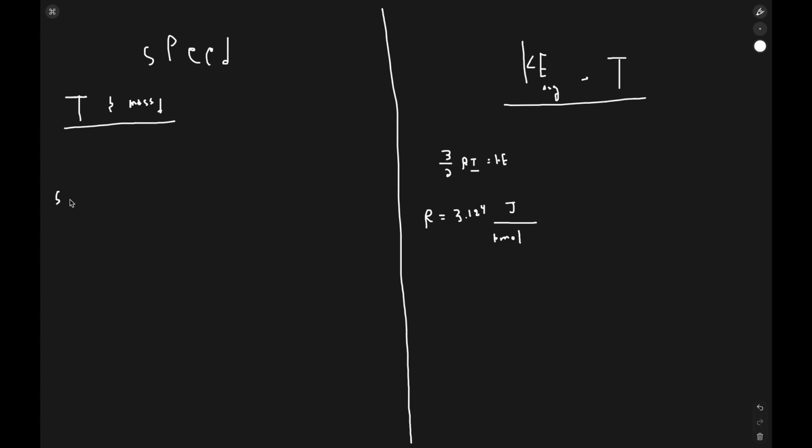Your average speed equals the square root of 3RT divided by M. Now, careful here because R is once again 8.314 joules per Kelvin mole.